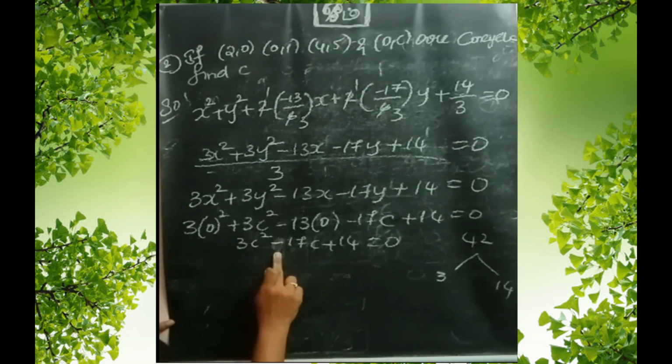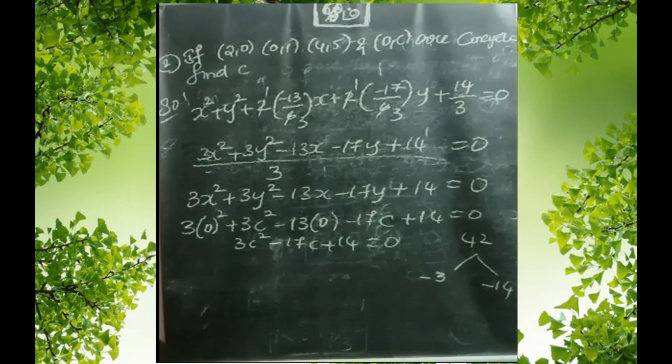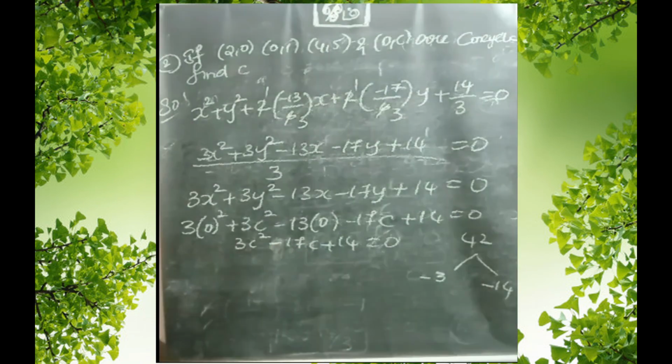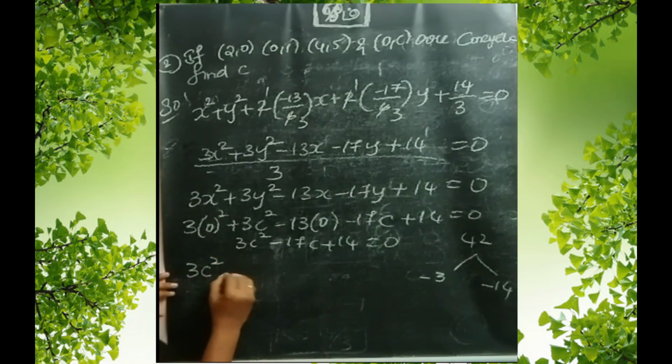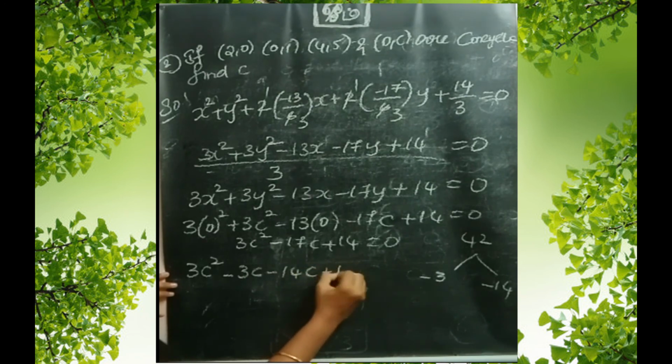So to get minus, what you have to do here? Minus into minus is plus 42, and here the bigger number has minus 14. So 3c square minus 3c minus 14c plus 14 equals 0.